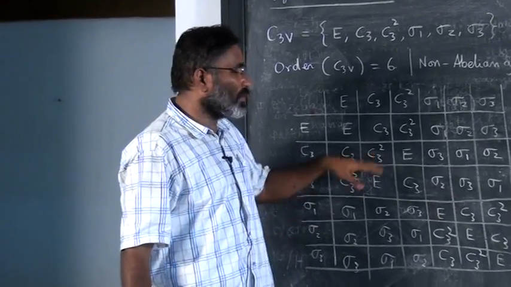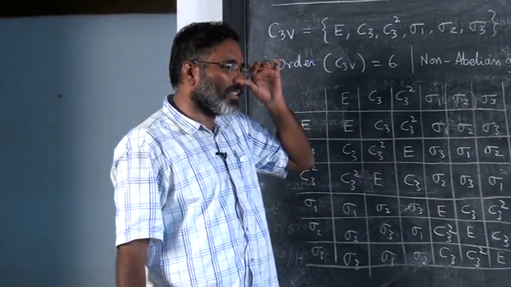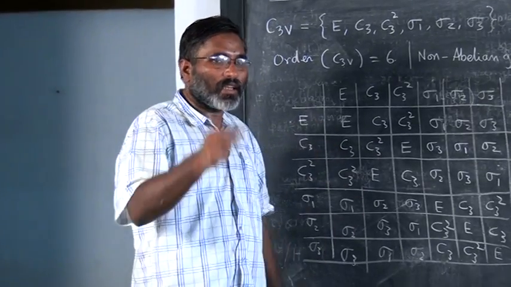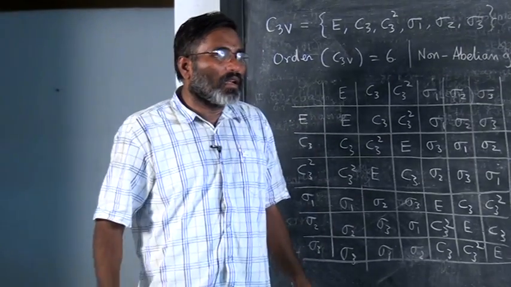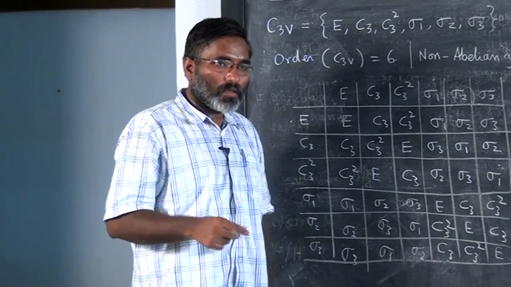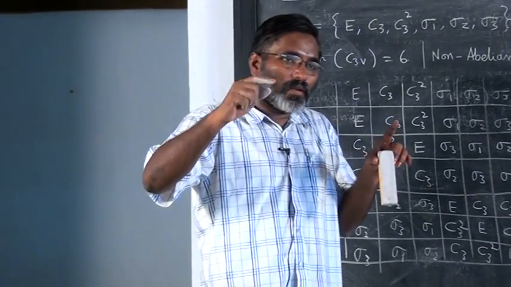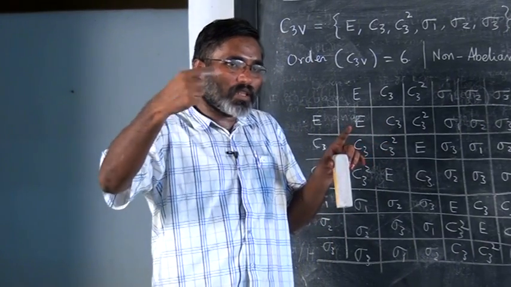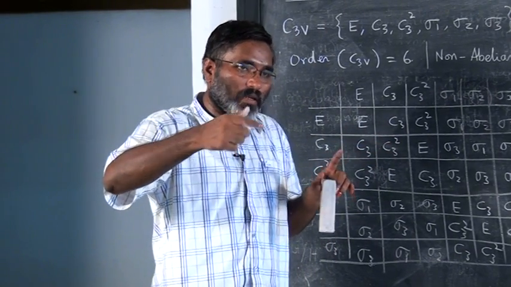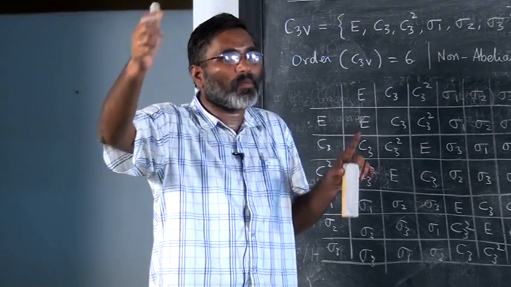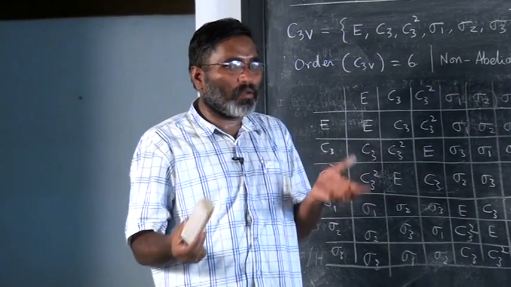Okay. There is an interesting group which I somehow missed defining. I will define it in the tutorials. It's called the permutation group. If you take any n numbers, then you permute them. Each permutation is like a group element. You take the set of all permutations, it will become a group of order n factorial.